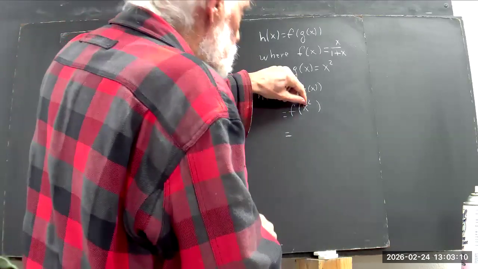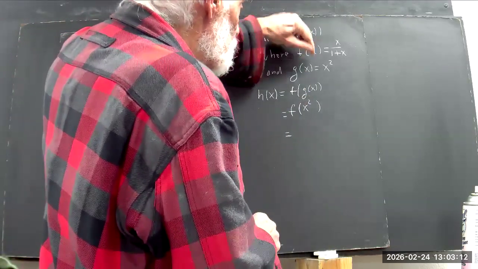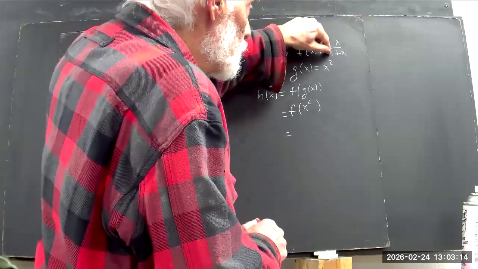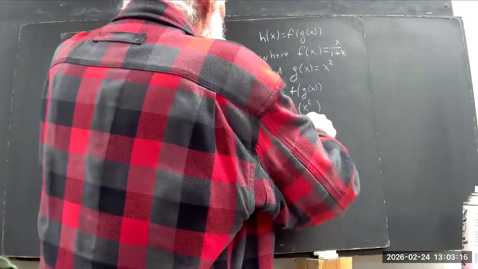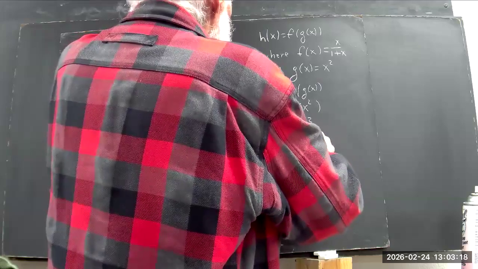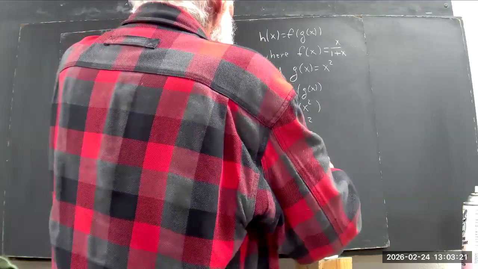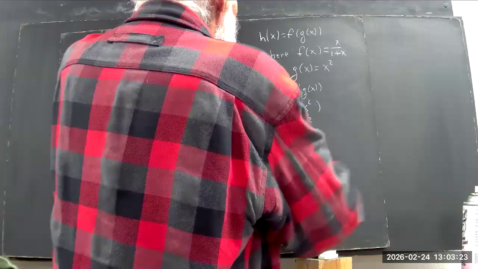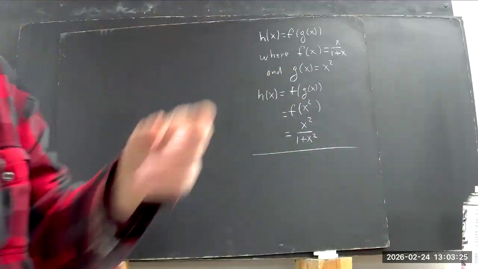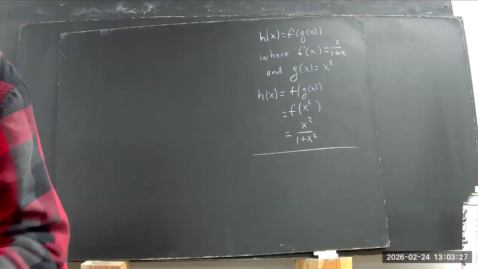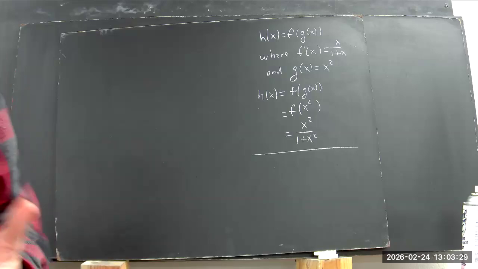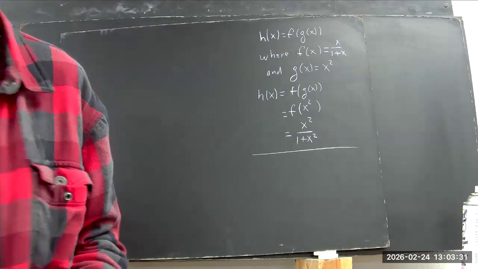In writing f of x squared, I have replaced x by x squared, so I continue to do that. It's going to give me x squared over 1 plus x squared. Everybody got that? That's good. Okay, now I want to take 5 minutes and start talking about transformations.